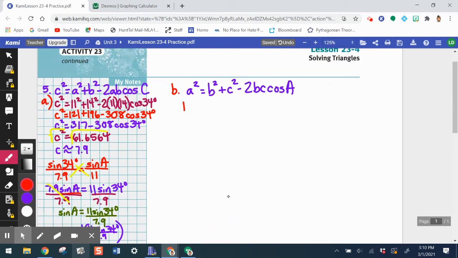So I'm going to replace b and c here with 6 and 10, and cosine of A.